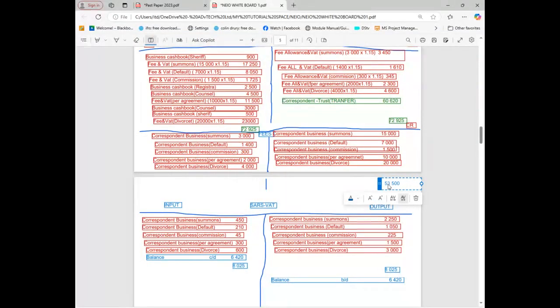And then the other side, 14 plus 300 plus 2,000 plus 4,000. We've got 10,700. So you must find the difference between that and the 53,500. Okay, we've got 42,800. Yes, that is the profit and loss.